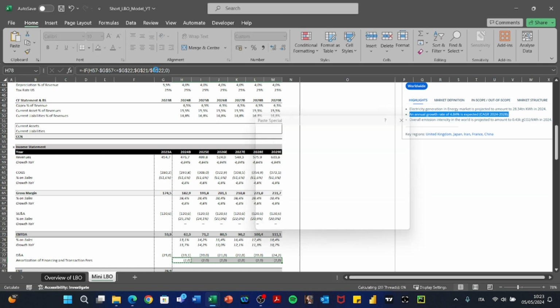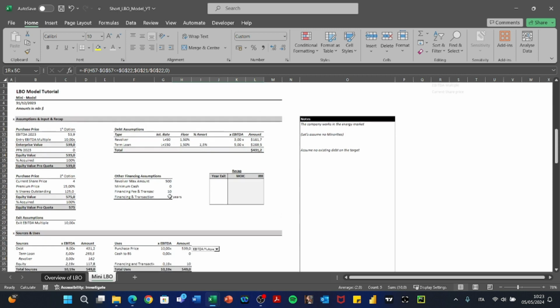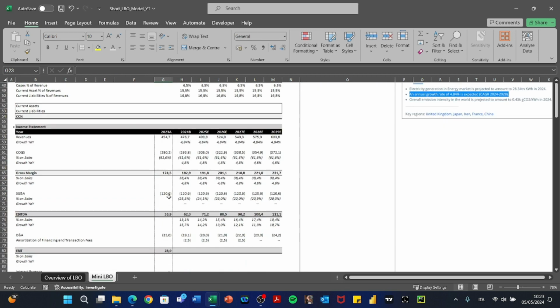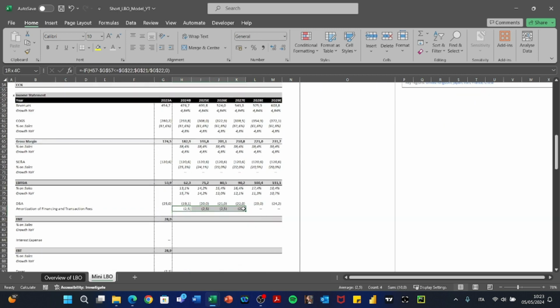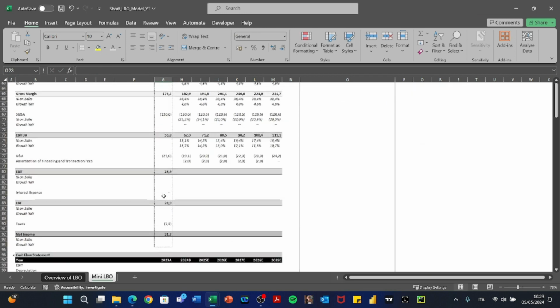Okay, perfect. So we're going to amortize our financing transaction fee over 5 years. So I'm going to change this to 4. This is over 5 years.